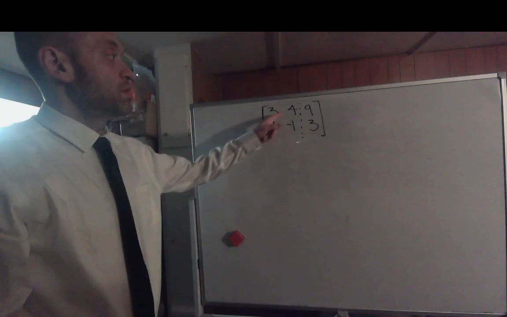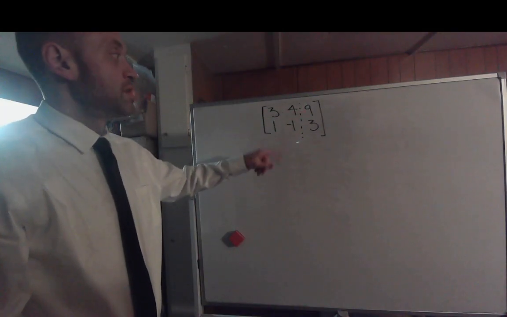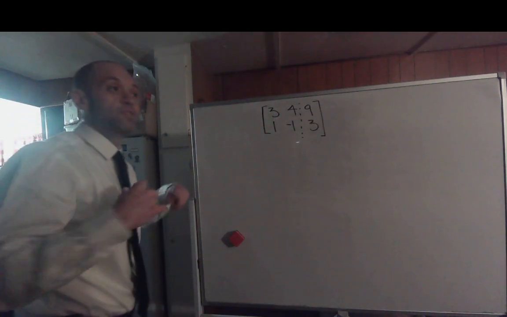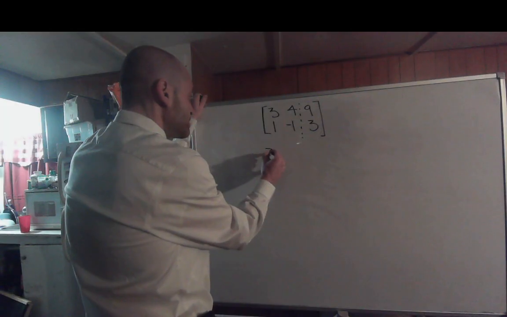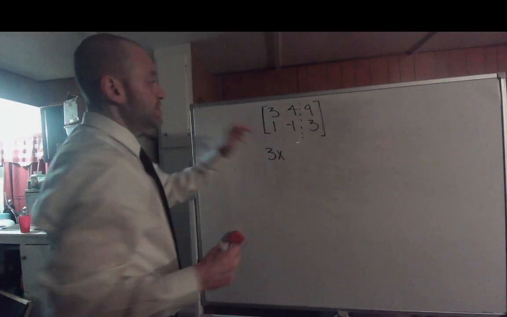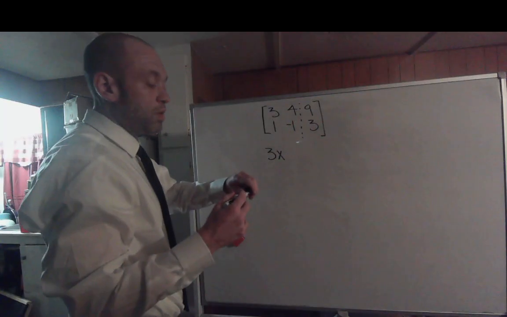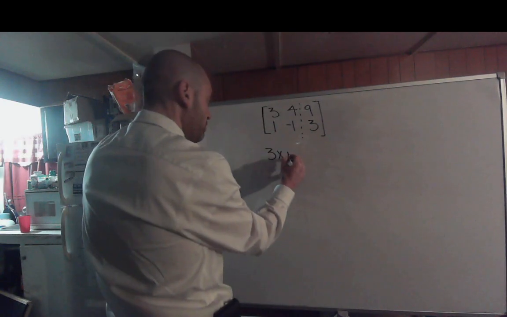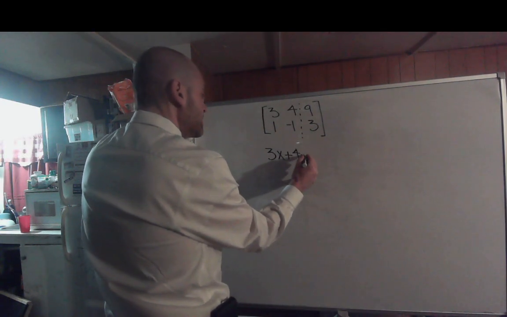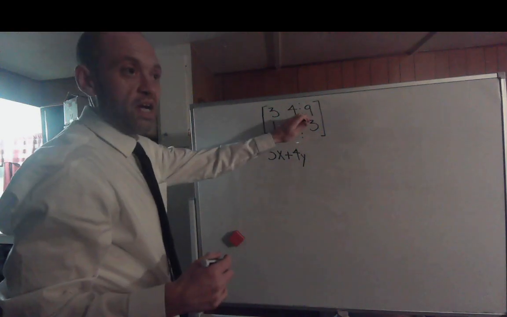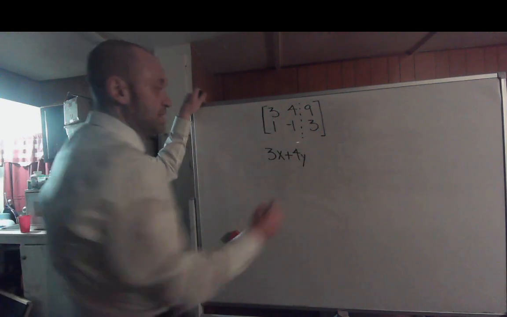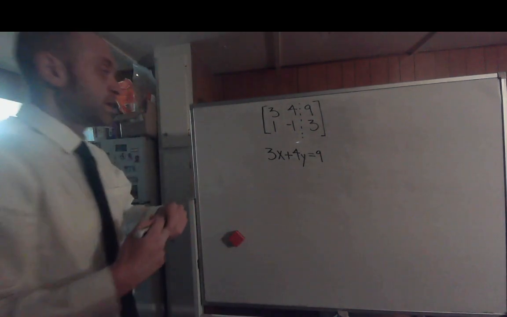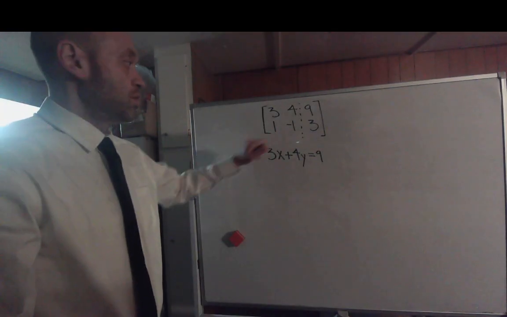So take this one row at a time. The first entry of your first row is always going to be the coefficient of your x variable. So you would have 3x, and then the coefficient of your y variable is the second entry in the first row, so that'd be plus 4y. And then remember that the augmentation line functions as an equal sign, so you would say 3x plus 4y equals 9. Now we have a second row.